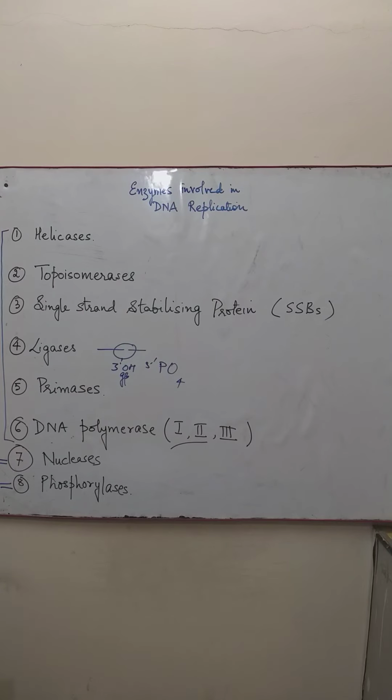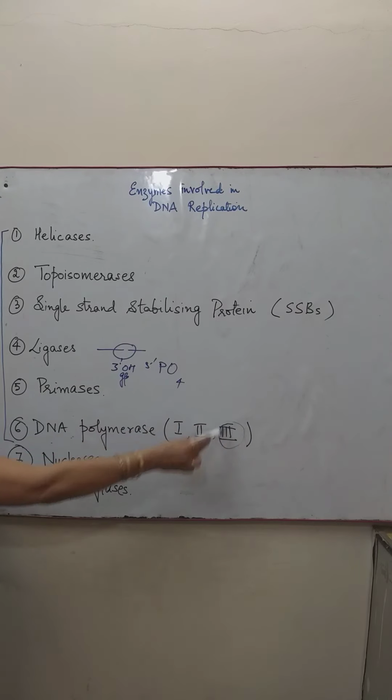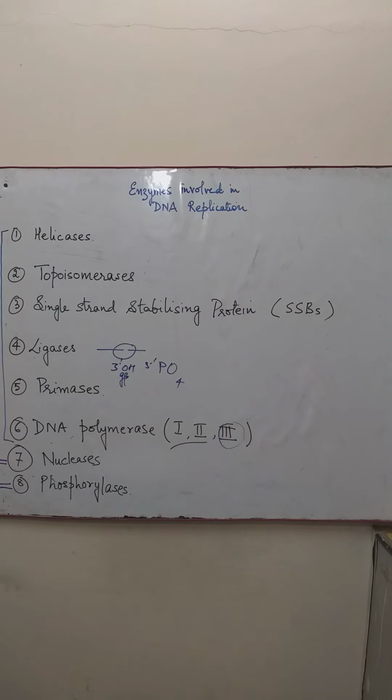It's a larger molecule as compared to 1 and 2, and it helps in the synthesis of DNA. It works as a dimer. Dimer means it can replicate both strands simultaneously, that means it can help in the multiplication of both the strands together. So DNA polymerase 3 is of our interest.